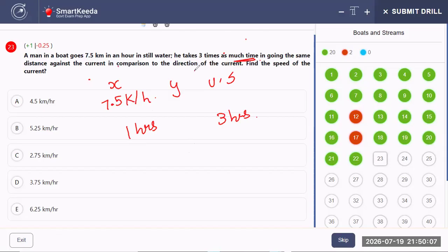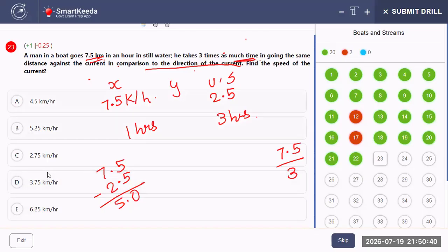This will be in 1 hour, this will be in 3 hours. Same distance, so speed is equal to distance upon time. So this is 2.5. 7.5 minus 2.5 is equal to 5.0. Find the speed of the current.